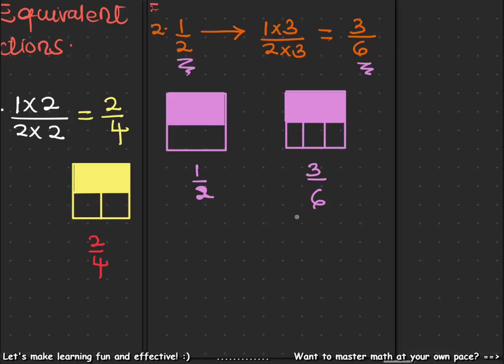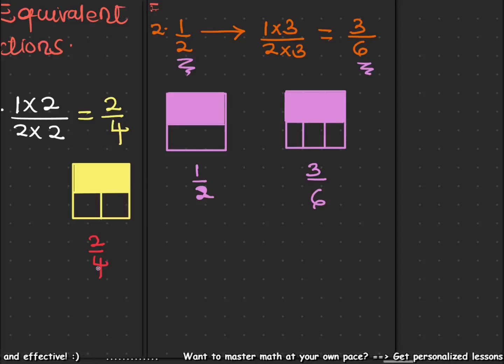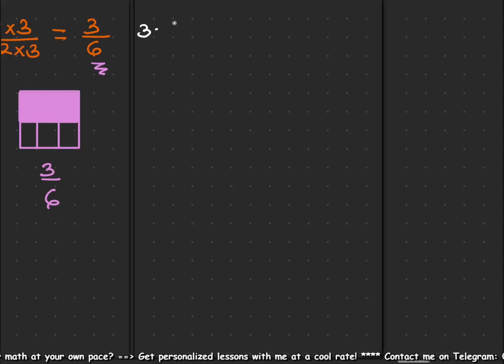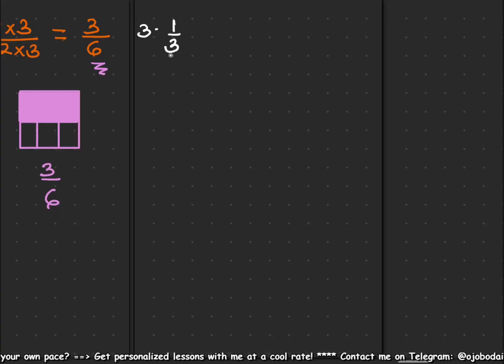Right? So this time around, let's take any other fraction and then we are going to use any number as well. So for example, let's take the fraction 1 over 3. And we want another equivalent form of 1 over 3. Well, let's say we want an equivalent fraction of 1 over 3 whose denominator is, let's say, 15.